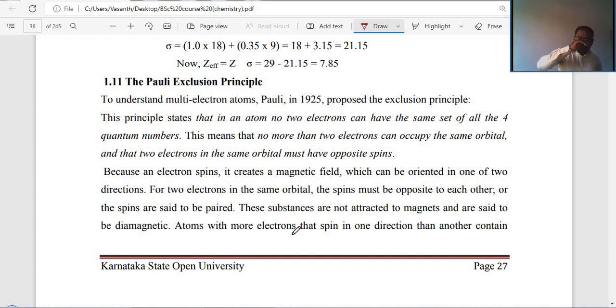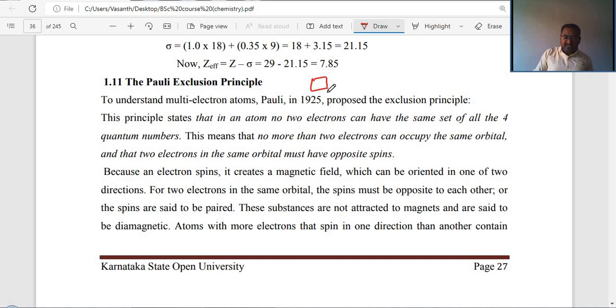What is Pauli's exclusion principle? Consider a 1s orbital, a 2s orbital, and 2p orbitals: 2px, 2py, 2pz. In any atomic orbital, we can accommodate only 2 electrons with opposite spin. That is called Pauli's exclusion principle.